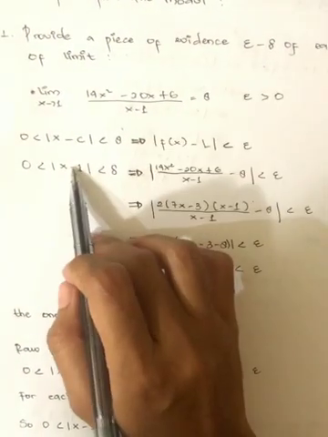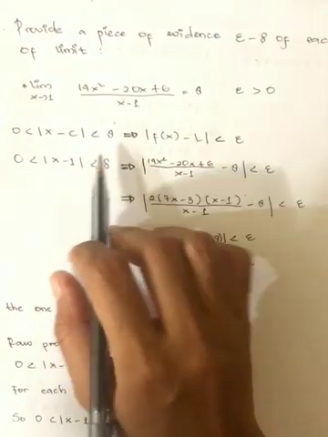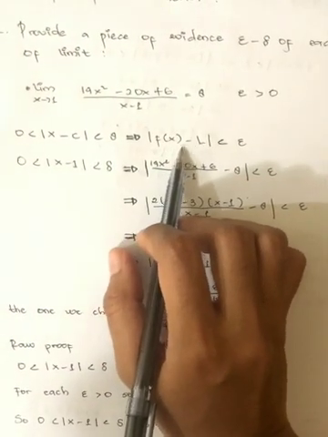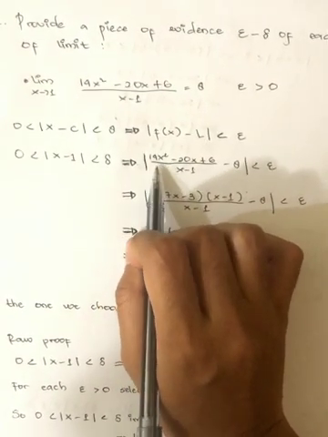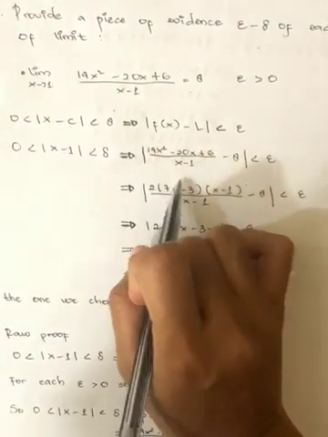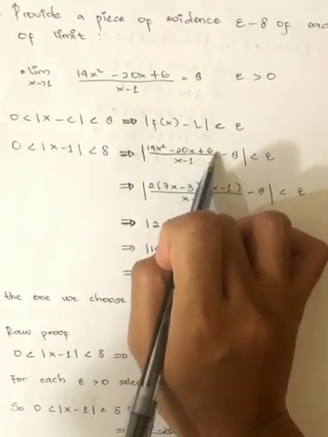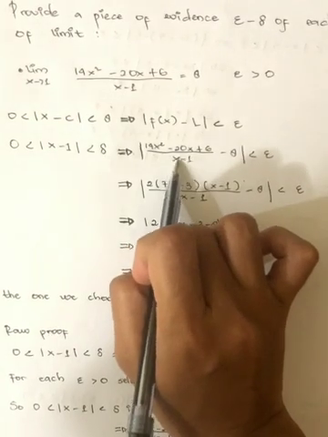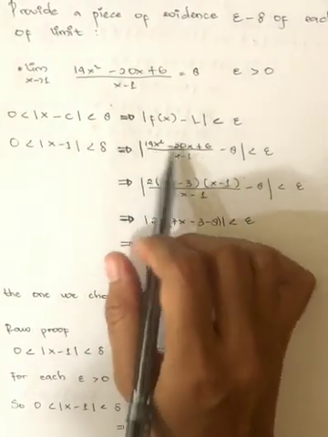We already know x minus c is x minus 1, and for absolute f(x) minus L, we substitute (14x squared minus 20x plus 6) per (x minus 1) minus 8.